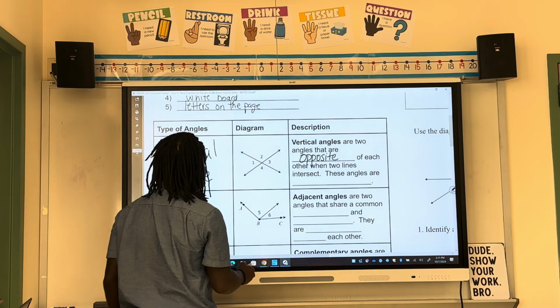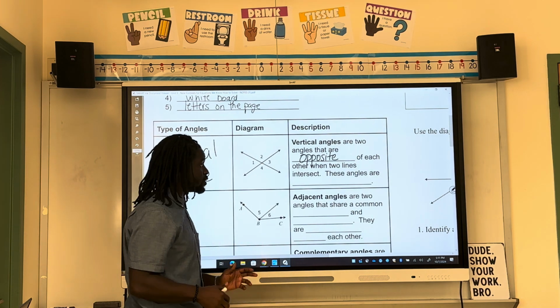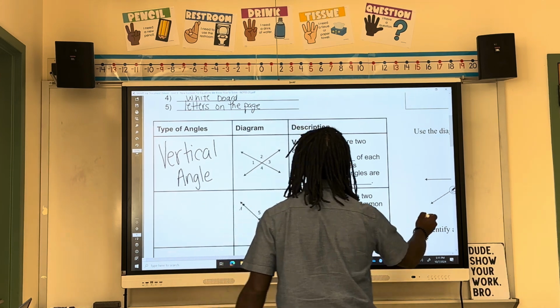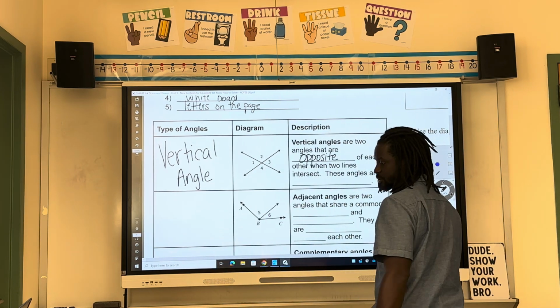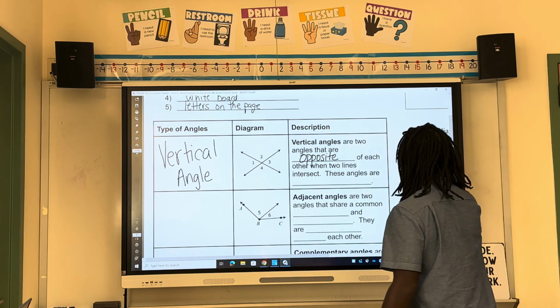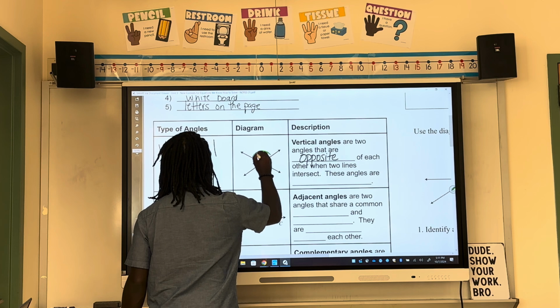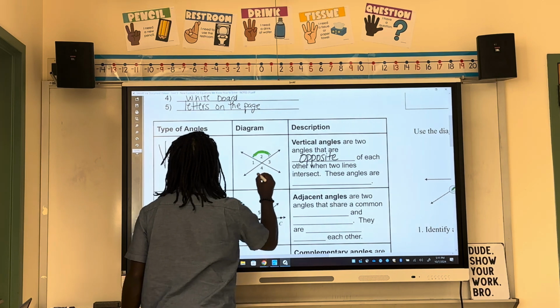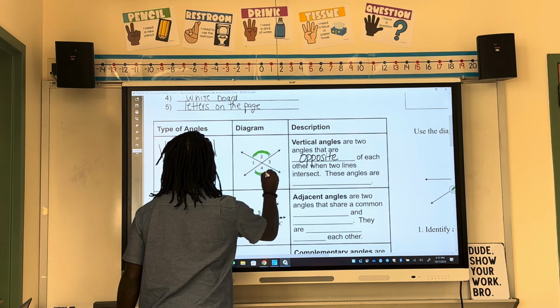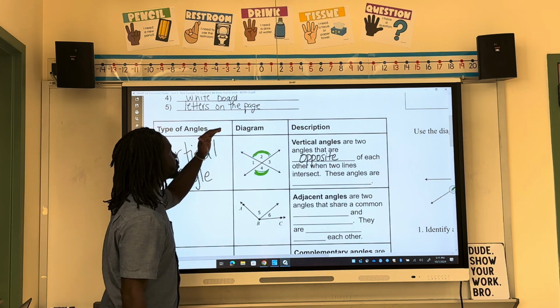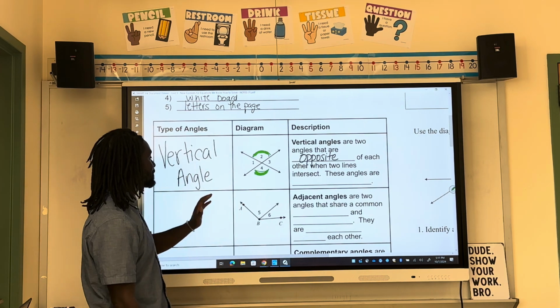So, for instance, here's where you can maybe take a colored pencil and draw these in different colors. Angle 2, if I color that green, and then angle 4, those are vertical angles. Excuse me, I'm getting ahead.